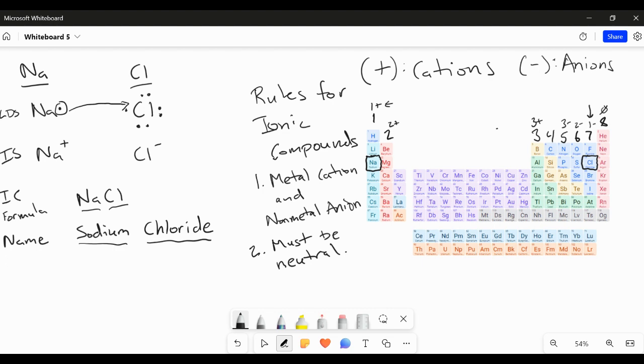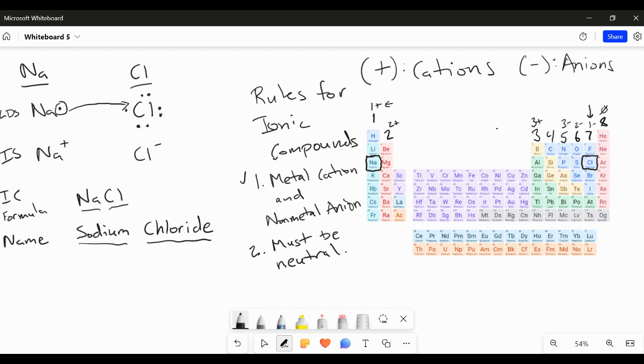So let's check these rules, make sure that we abided by them. So do we have a metal cation and a non-metal anion? Sodium is definitely a metal, it's a group 1, and chlorine is definitely a non-metal, so we have met those criteria. Also, it must be neutral. Now, the neutral rule basically has 2 pieces to it.